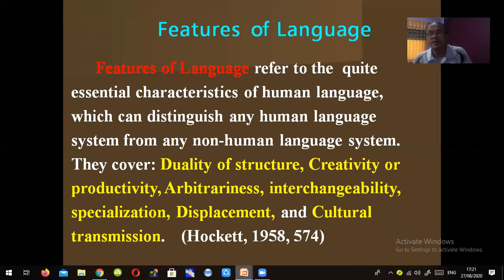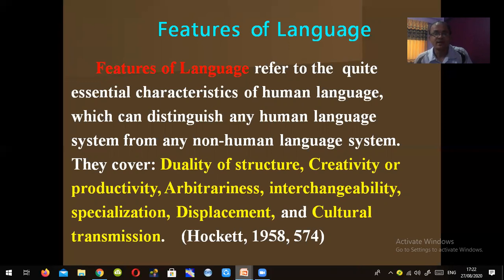Note down the terms human language, animal communication, or non-human language system. Generally we call it animal communication. So any language should comprise some features to be a language.